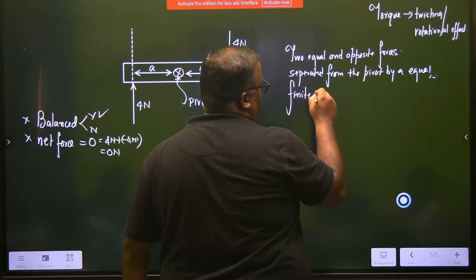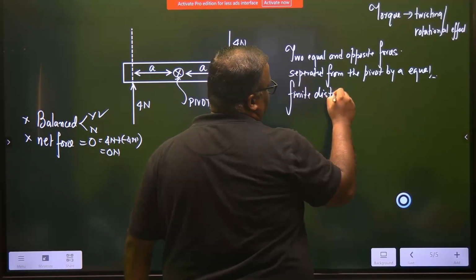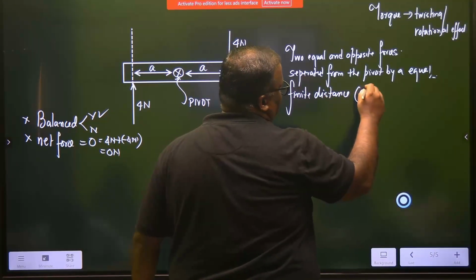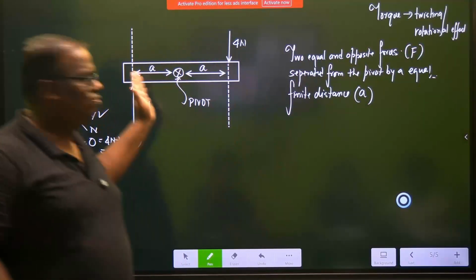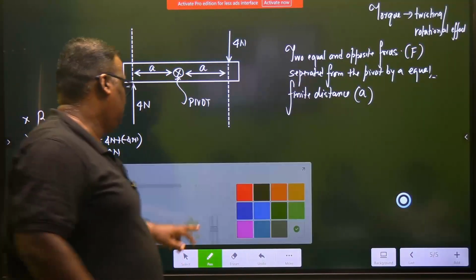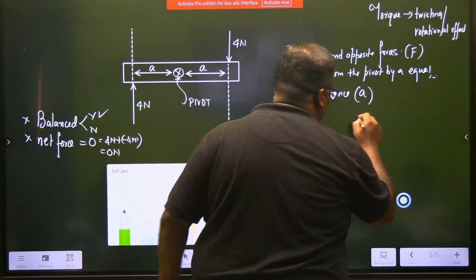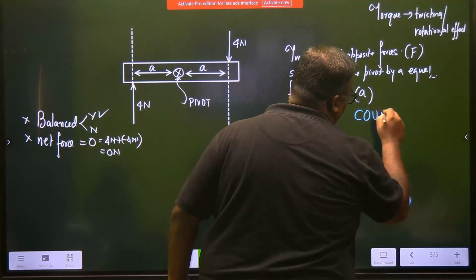Finite means fixed, okay? Finite distance. And this finite distance was A, two equal and opposite forces. Let's say this is F, where our F is 4 Newton. This thing gives birth to something which is known as a couple.